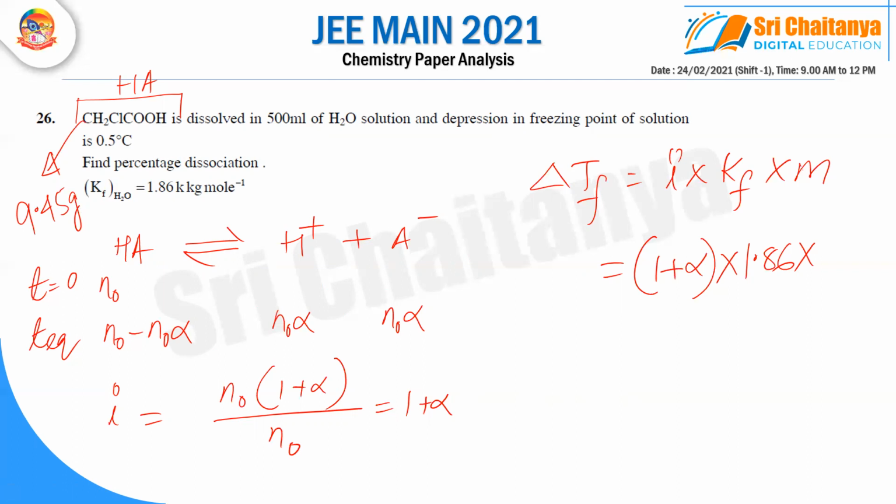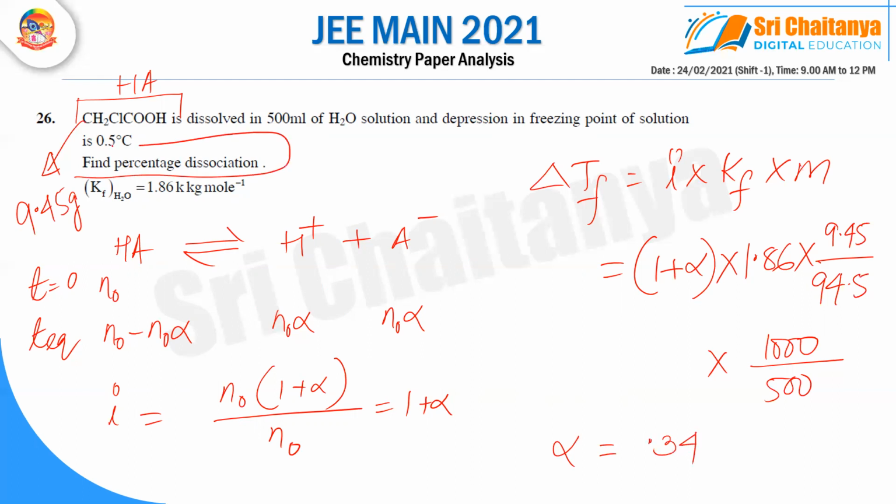So I'm taking 9.45 gram divided by the molecular weight, that is 94.5 gram, and divided by the volume, and that is nothing but what? 500. When you write in liter, it will become like this. So when you simplify all this, you are going to get alpha approximately equal to 0.34, but they are asking percentage dissociation. That means alpha multiplied by 100, and this will be equal to almost 34%.